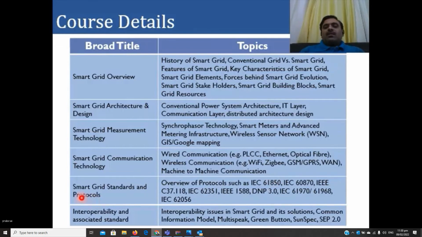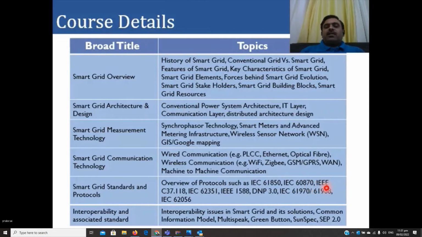We'll also discuss the various smart grid standards and protocols which we use for various communications. We'll discuss various protocol overviews such as IEC 61850, which is used for substation automation. We'll also discuss IEC 60870, which is used for SCADA communication.